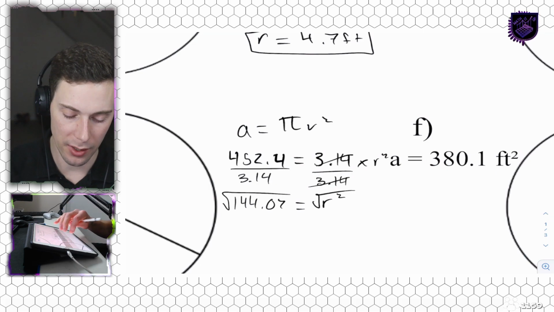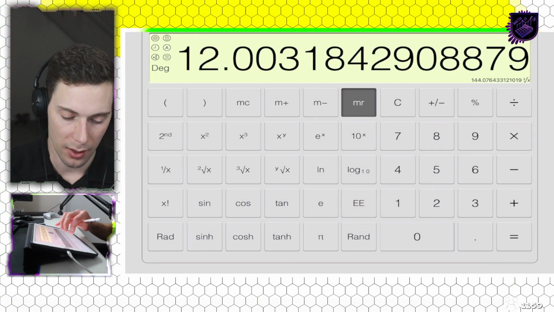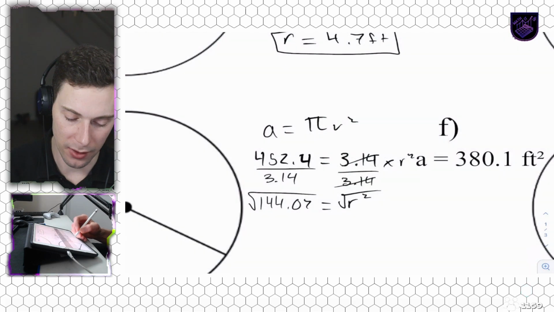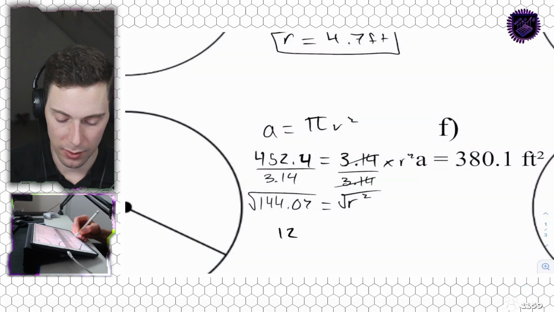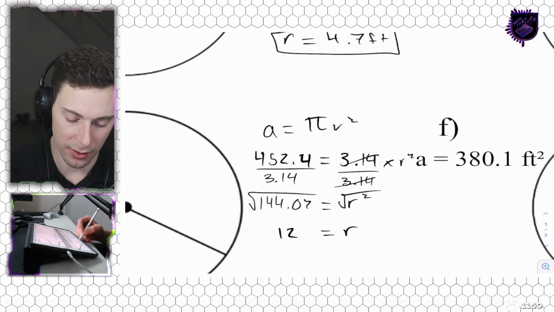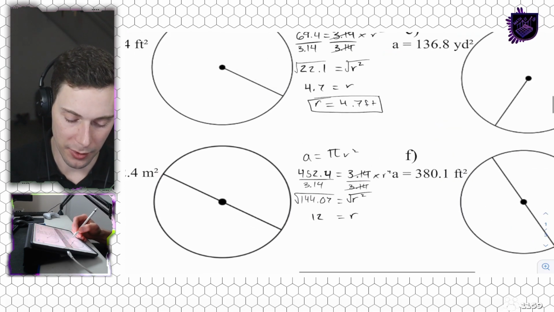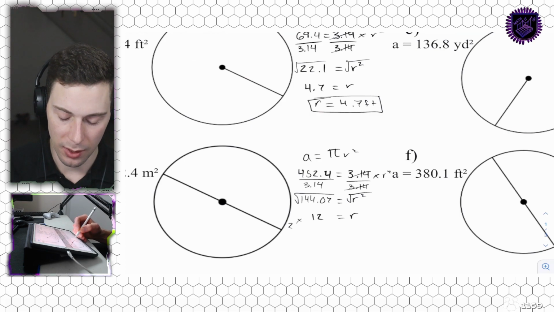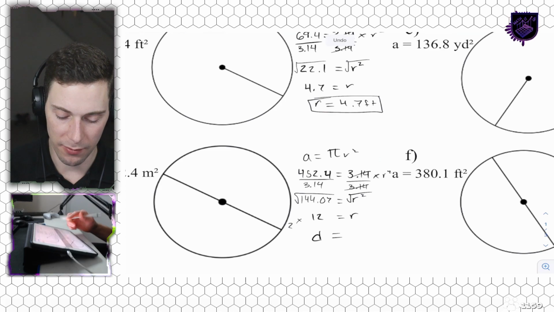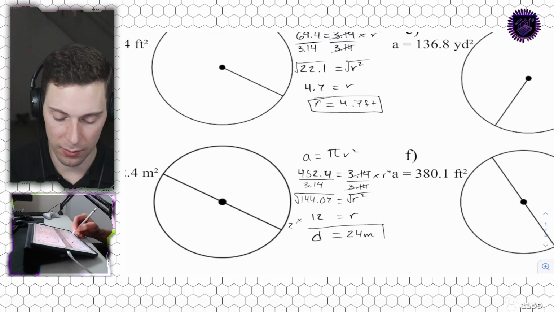Let's unsquare it. Find the square root of it, which is 12. That's pretty even. 12 is equal to our radius, but we want our diameter. So we have to multiply this by 2, and that means our diameter is equal to 24 meters.